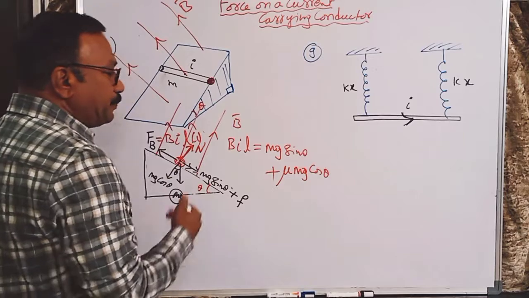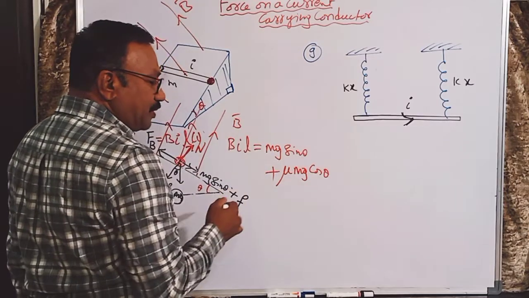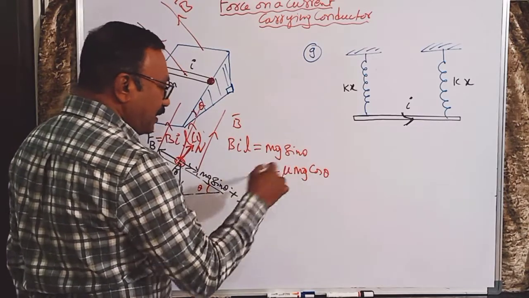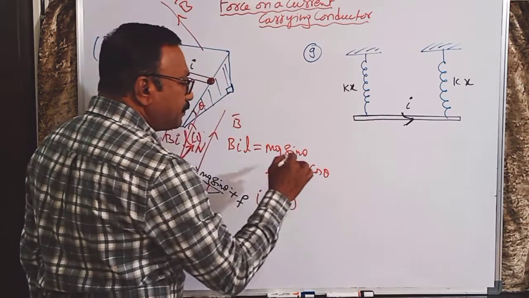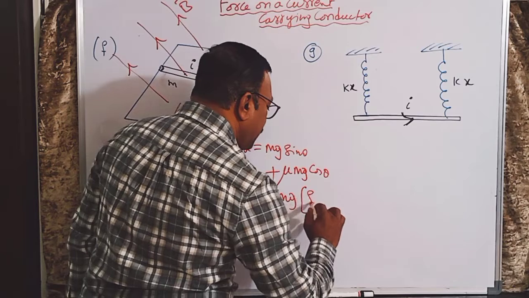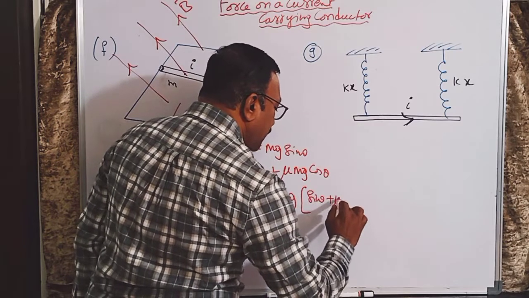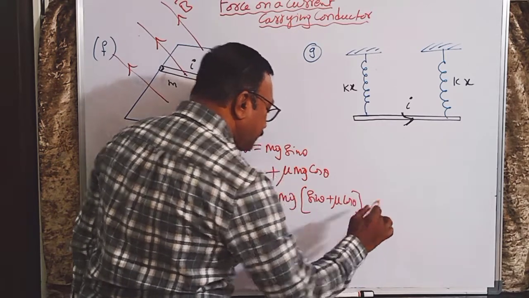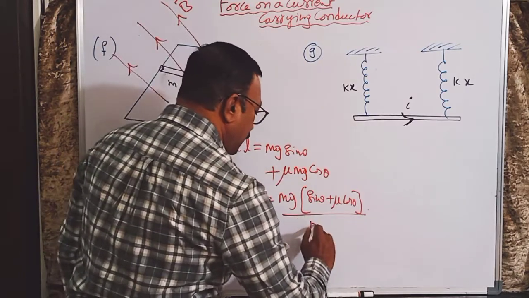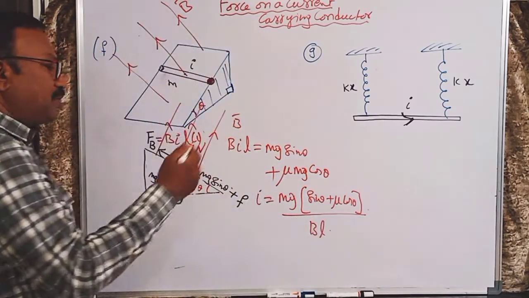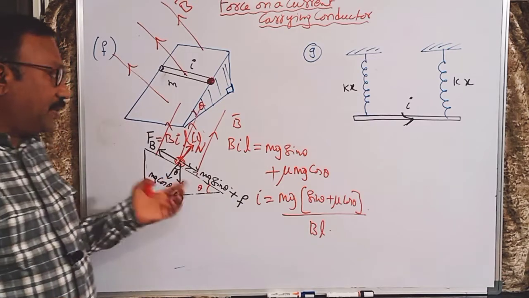From this you have to calculate the current. So I is equal to mg common, sin theta plus mu cos theta, divided by B into L. So you substitute the data, then you will get the magnitude of the current.